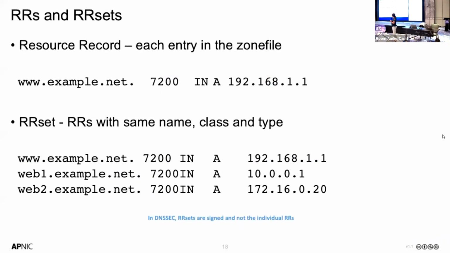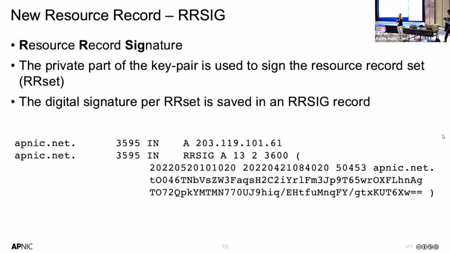So things with the same name, same class and type. Let's say, for example, you have 3 A records. We'll combine that together, that is considered as an RR set. So in DNSSEC, we will be signing RR sets, meaning you have one signature for the set, like so.